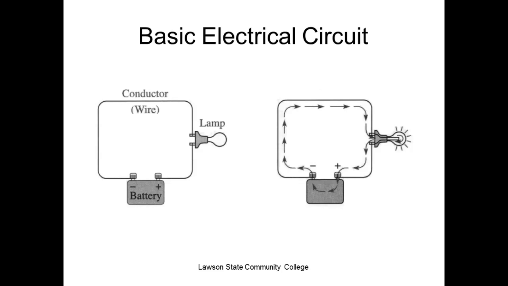Here we have a battery. Then we have a conductor. Now a conductor, we would love for it to have no opposition. But that's not true. All conductors have some opposition, and that means they do work, right? But they have almost no opposition at all.